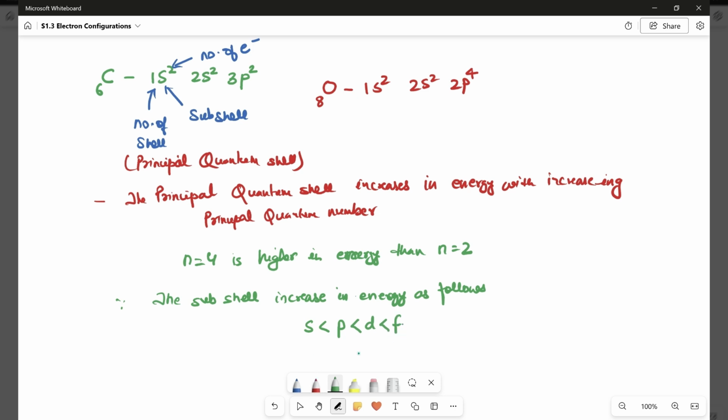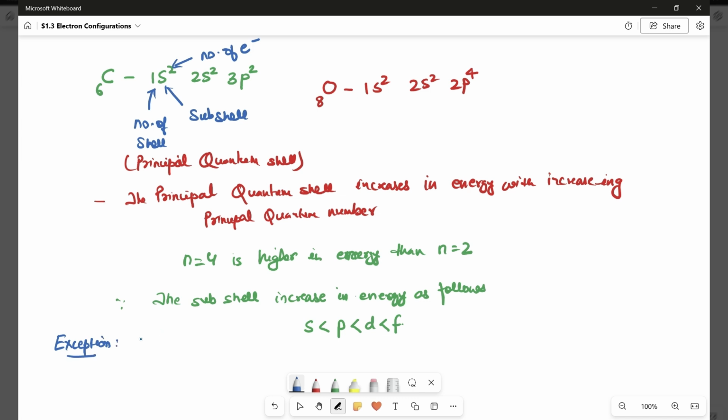The only exception, you will find one exception also, that the 4s orbital has slightly lower energy than 3d. So I will write the exception here. What is the exception?